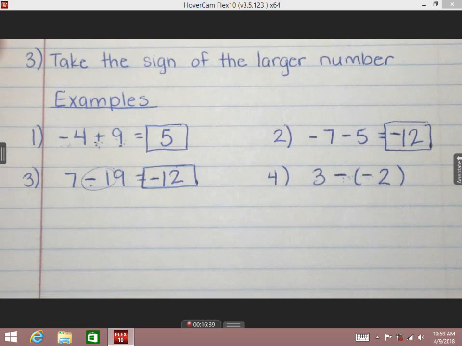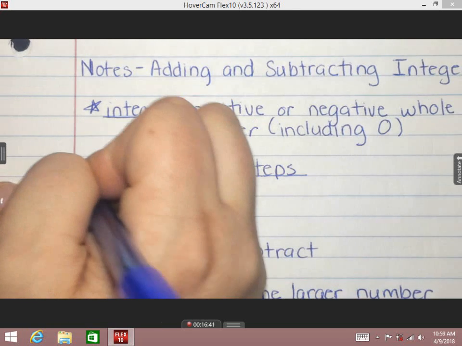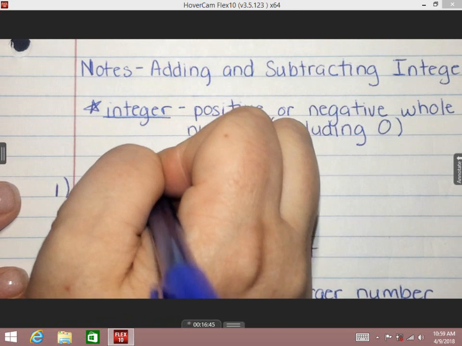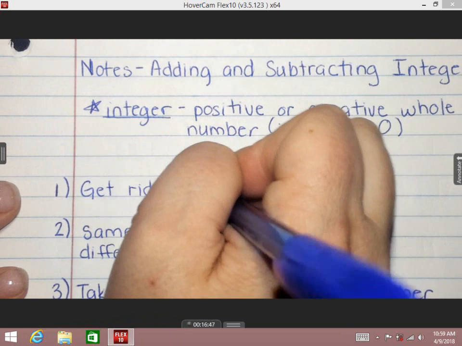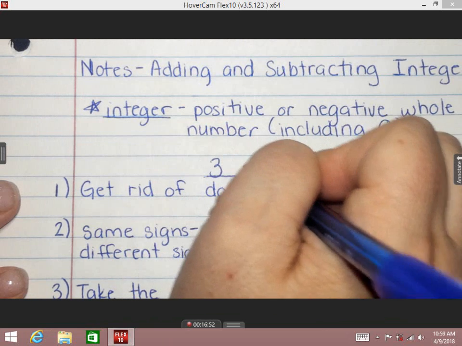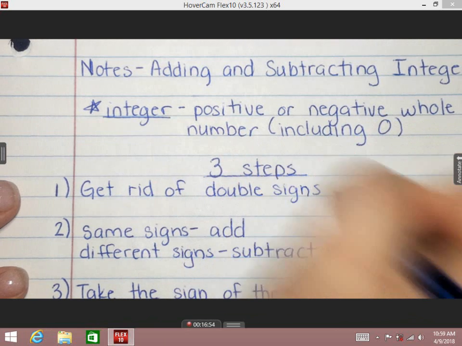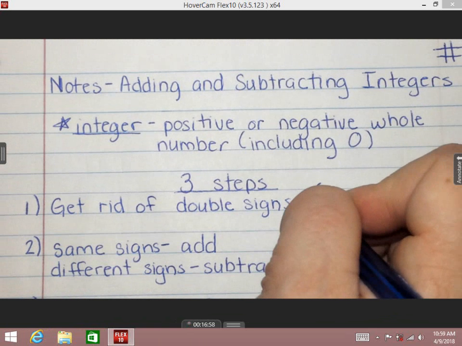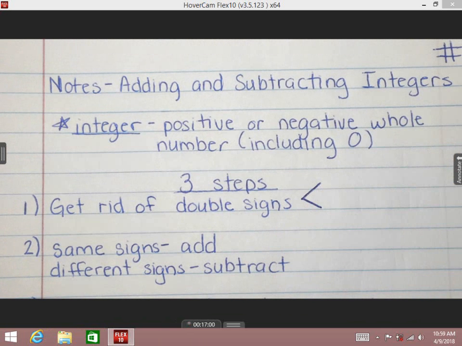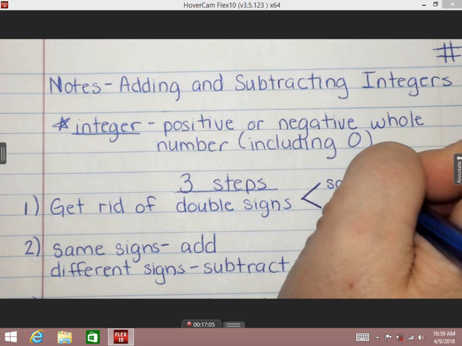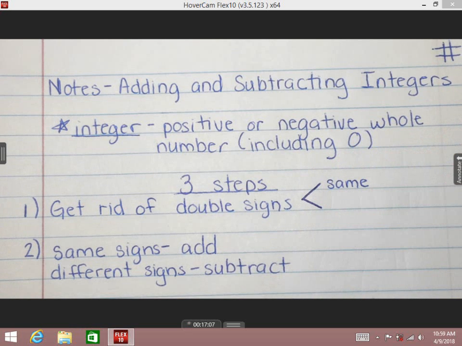So step one, guys, and we haven't had to use it yet, is to get rid of double signs. And the way we're going to get rid of those double signs: if they're the same, same signs mean add.